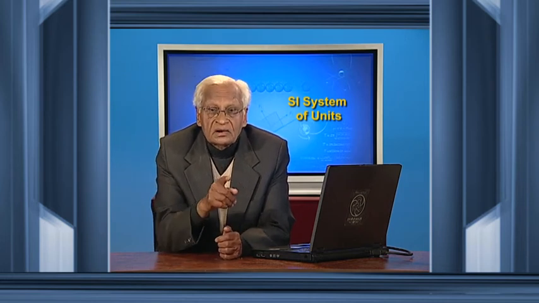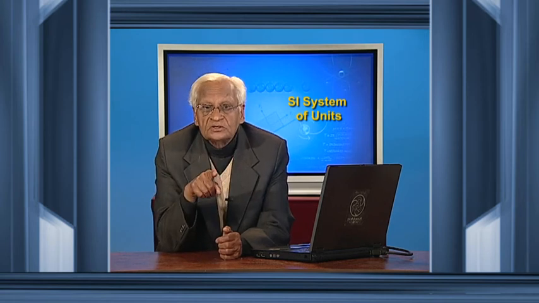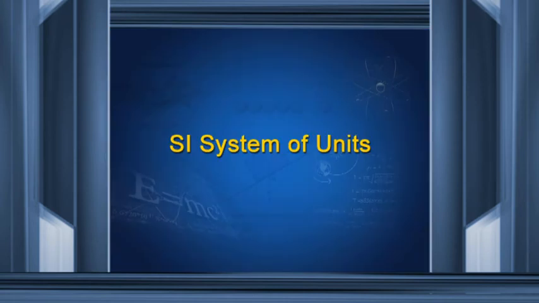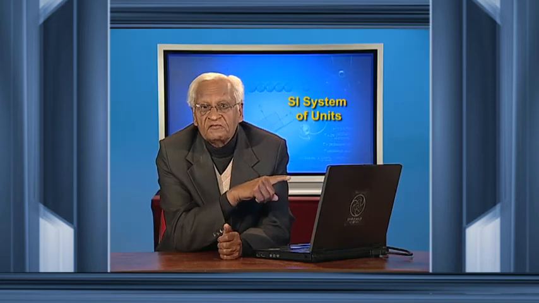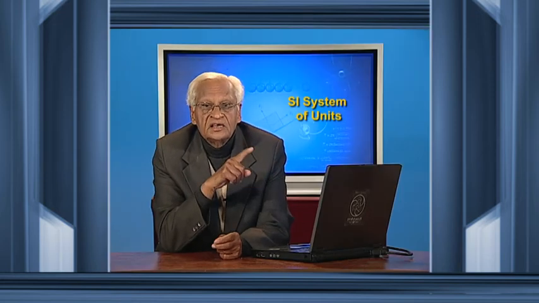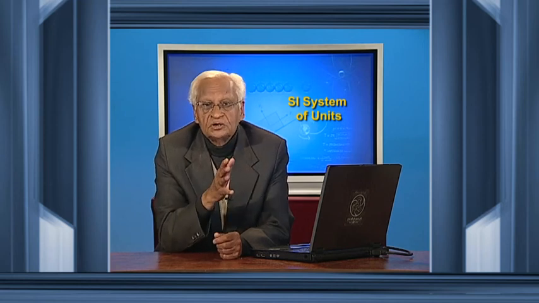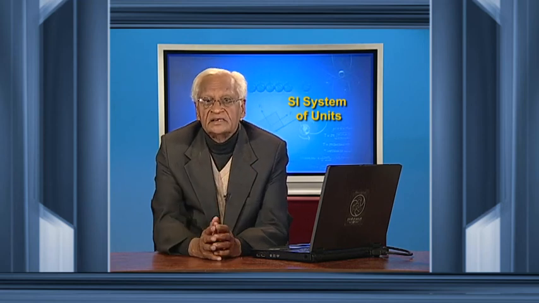But remember, the scientists of those countries always use the SI system of units. For scientific work, the SI system is the only system that is used throughout the world. So, therefore, you must get used to using this SI system.